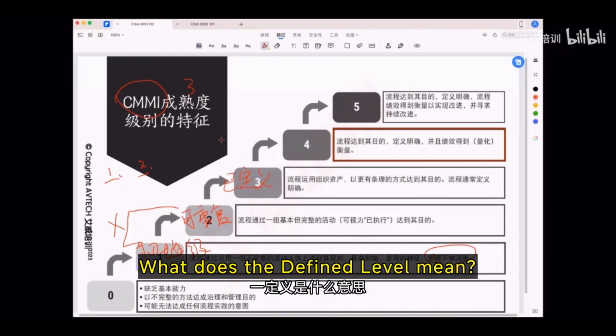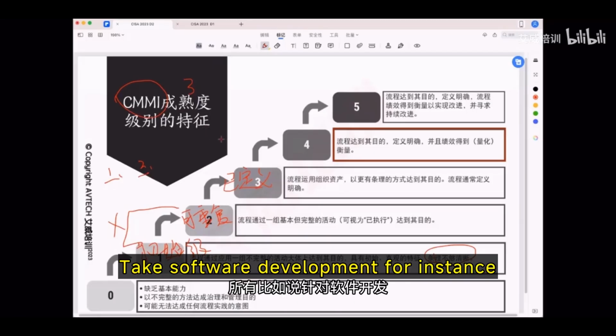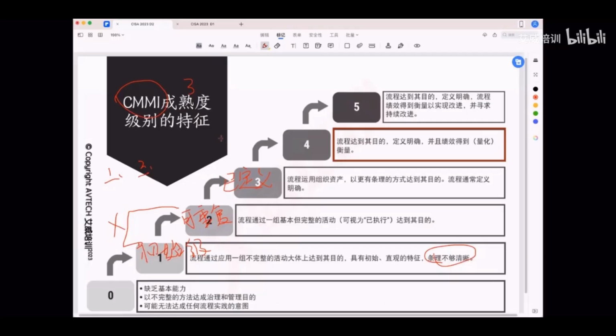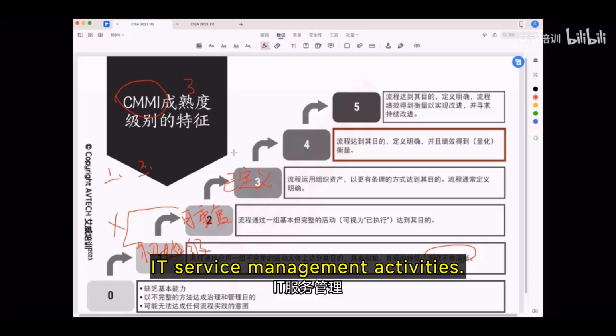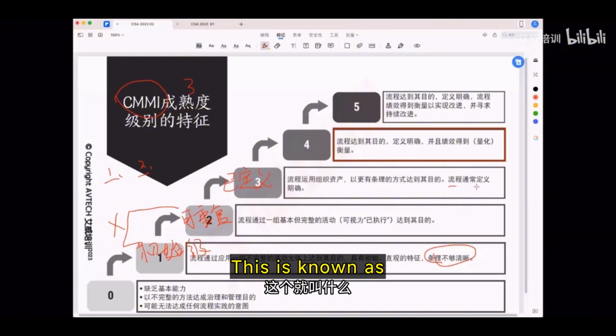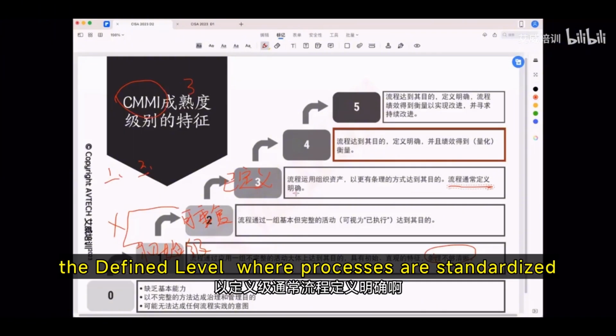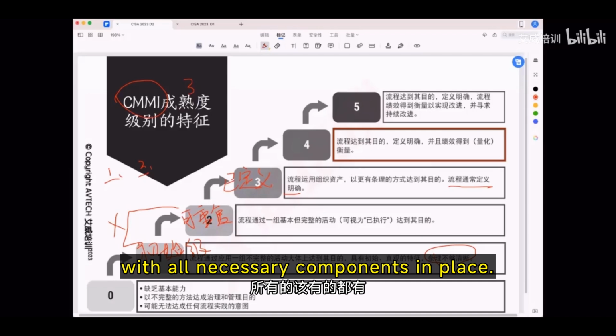What does the defined level mean? At the organizational level, take software development for instance, we have established processes for IT service management activities. All required processes are implemented. This is known as the defined level, where processes are standardized, covering inputs, activities and outputs, with all necessary components in place.